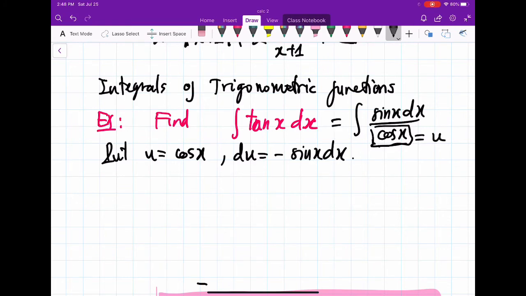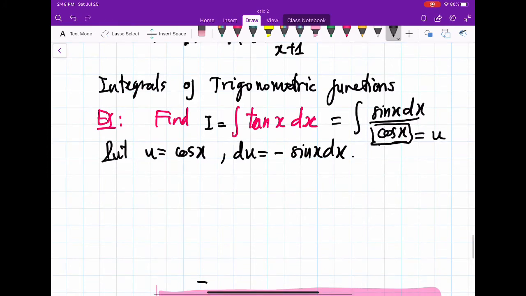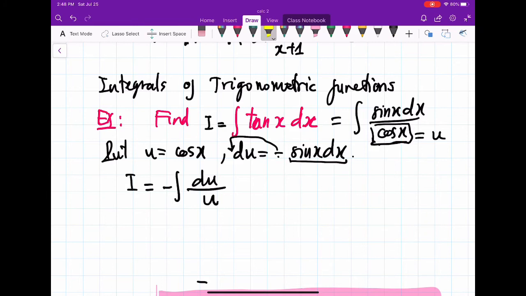Now I can rewrite my original integral I in terms of u. We have sine x dx with the negative sign, so I can bring the negative to the side of du. So I have negative du here, and negative u over u, where u is cosine.